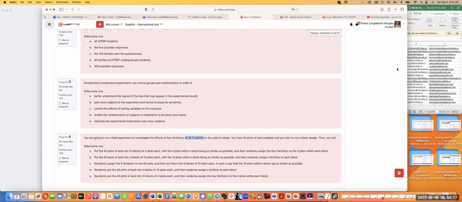And then a block design acts like that. But in this case, the confusing part might be because I don't explain the rationale for the block, but there must be a rationale behind this to block. And then in this case, we said we have a bunch of plots. We're able to identify 10 different blocks, and they could be for different reasons. The plots have different facing, a different direction.